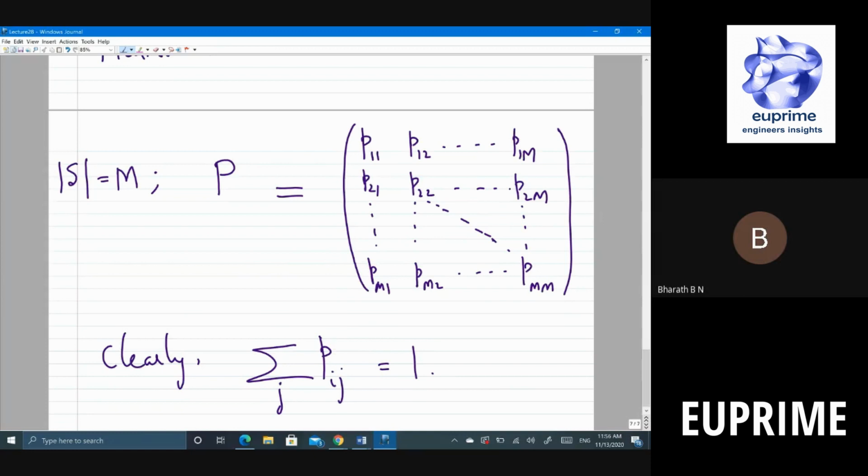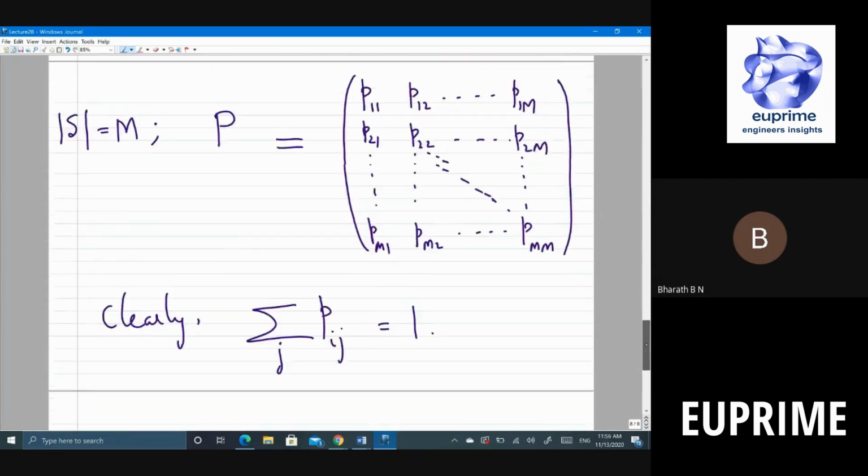But if you look at going from state i to some state j and you exhaust all possible states j, that will give me the entire sample space omega. So the probability of the union of these events given that you are in state i should be 1. But since these are disjoint, you can write it as a sum. I'll leave this as homework for you to convince yourself that this is true.